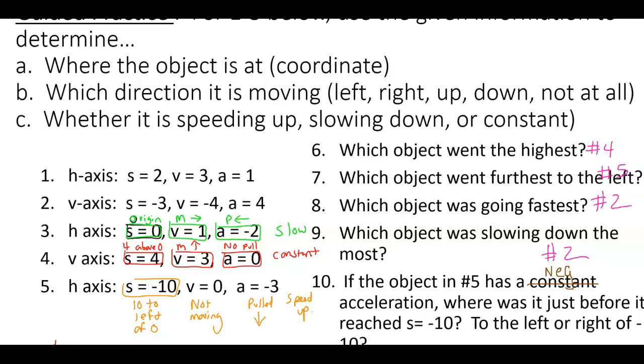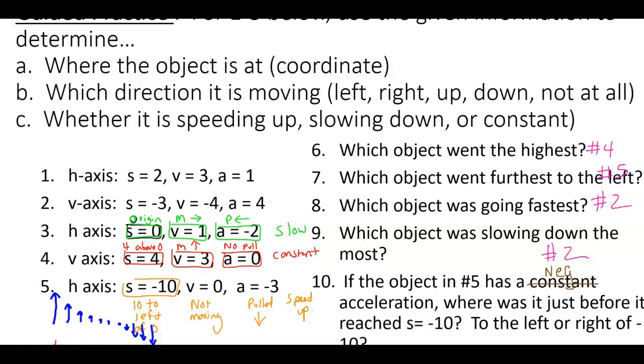So we have this object that's moving upwards, but the problem is it's being pulled down. And since it's being pulled down, its speed is decreasing, although it does keep trying to go up. But pretty soon, the acceleration becomes so great that it just stops moving. And then after that, the acceleration starts to pull it downwards.